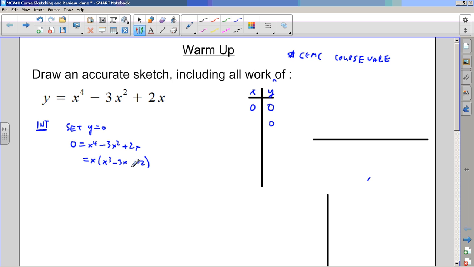Now, how do we deal with this? Well, this is a cubic that doesn't factor nicely, so I'm going to have to use the factor theorem. I look for something that makes it 0, and f at 1 equals 0, so therefore x minus 1 is a factor.